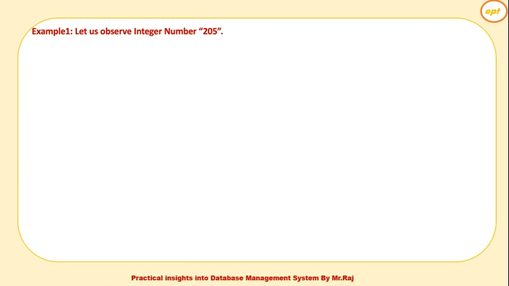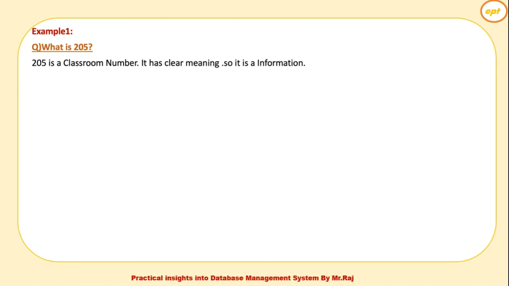Are you getting what I'm saying? If I tell you the integer number 205, it could mean anything, right? But if I add context to 205, then you will easily understand what I am talking about. What is 205?